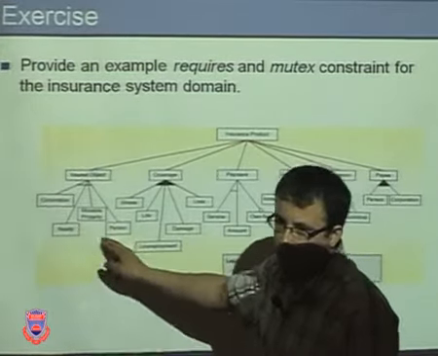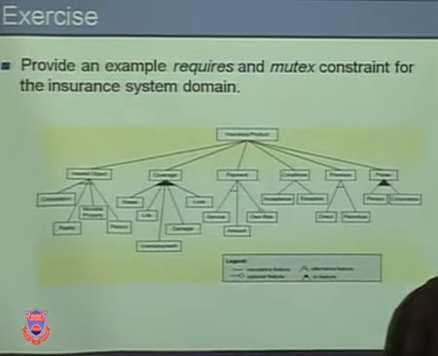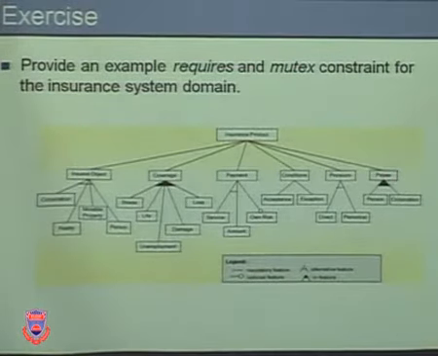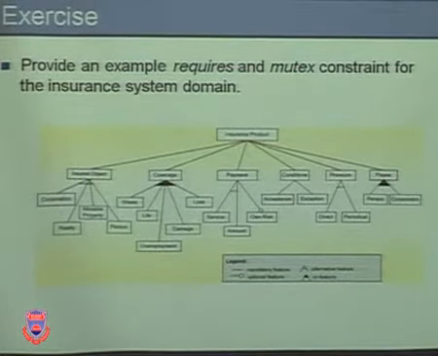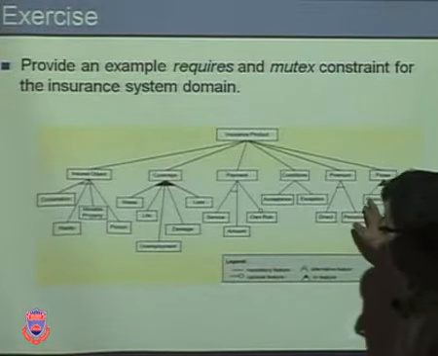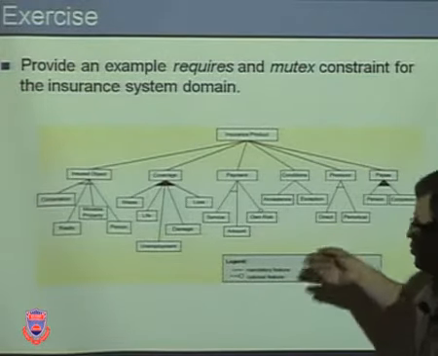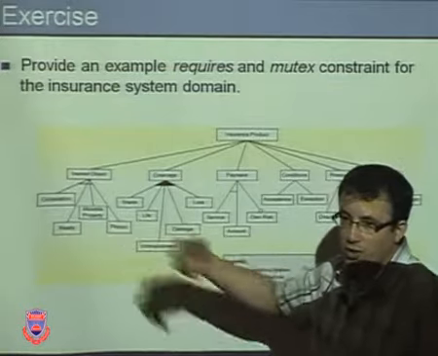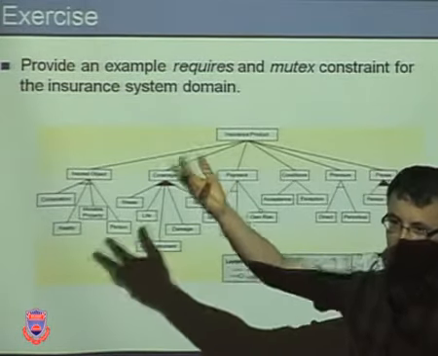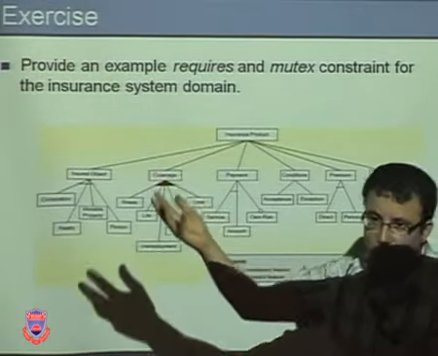Insured object, I select person. It is mutually exclusive with which feature, can you say? No, it's not mutually exclusive. So you can insure a person, I can insure myself, and I can pay myself. Right? It's not mutually exclusive.